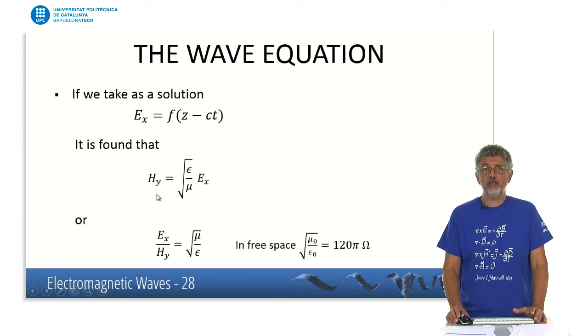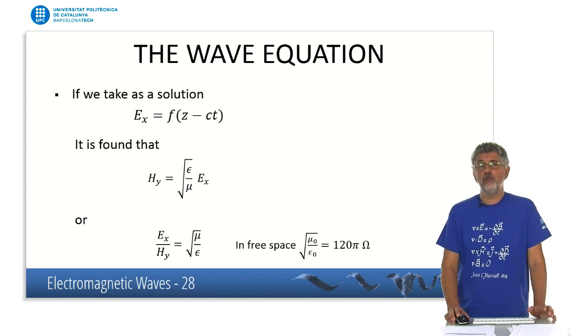be the magnetic field. Notice the electric field has an X component and the magnetic field has a Y component, so they are orthogonal. And also their amplitudes are proportional, and their magnitudes are just related by this value, the square root of epsilon over mu.